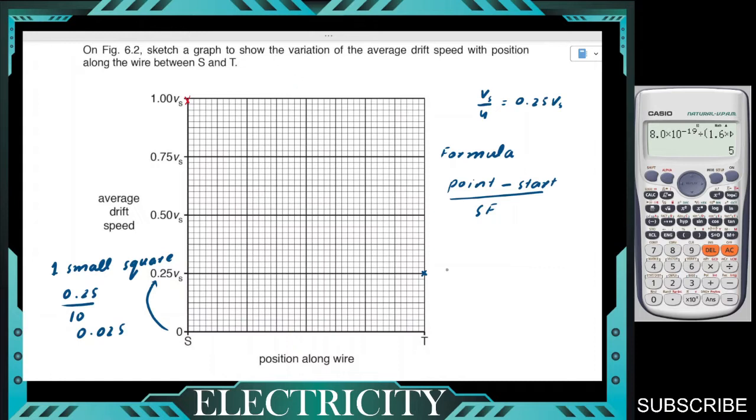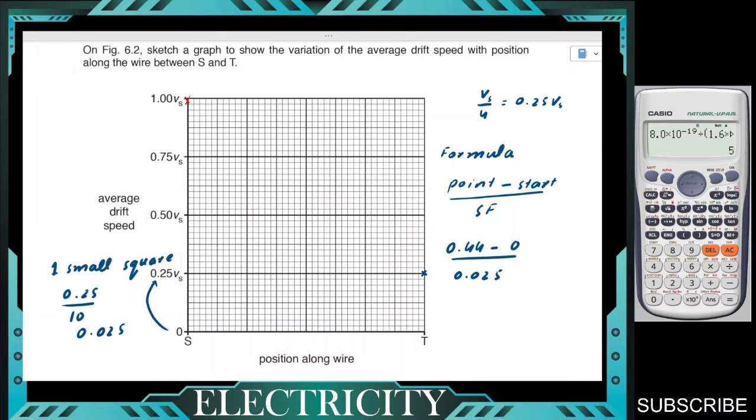That is your SF. So what is the point we want to find? The location of the point was 0.44. The starting point of the axis is 0, divided by the scale factor 0.025. You hit it on the calculator and you'll get the number of the small square where this point should be plotted.